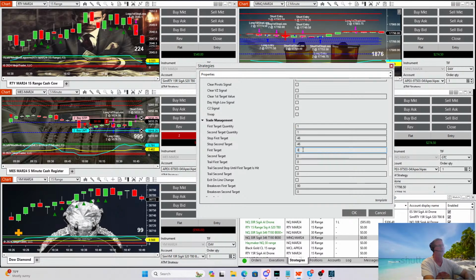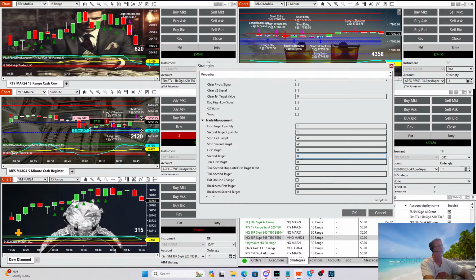Okay, so now I can put my second target at 0. I'm sorry, that was my first target. Let's put our first target at, let's say, 90, where we're going to break even at 80. And then our second target, we're going to leave the value at 0. So once we hit our first profit target of 80, our stop is going to go to break even, and we're going to be in the trade on a runner.